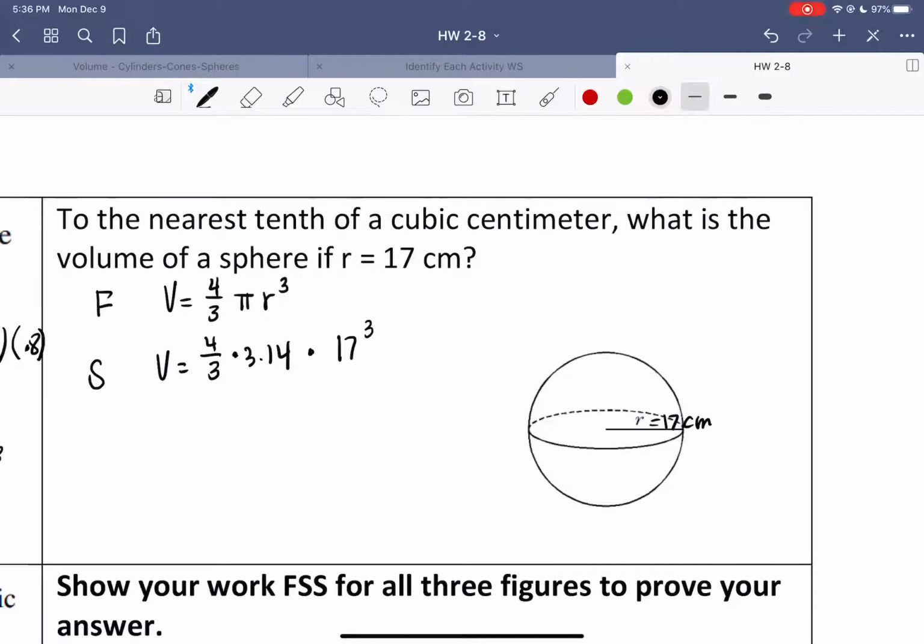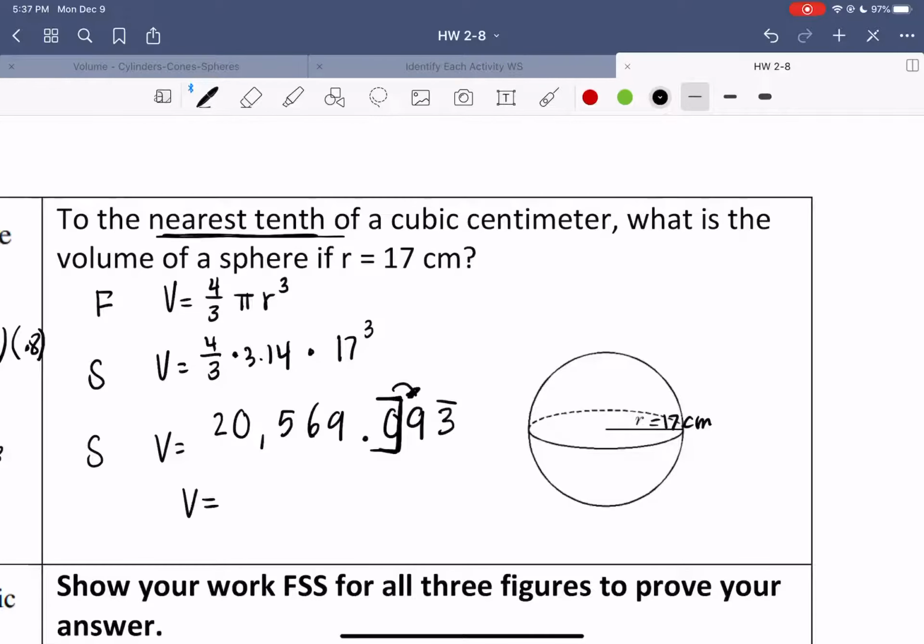And our answer for our solution, volume equals 20,569.093 repeating, but we have to go to the nearest tenth, so we only have room for one decimal place, so we have to look at the number behind it. Our final answer is going to be 20,569.1.